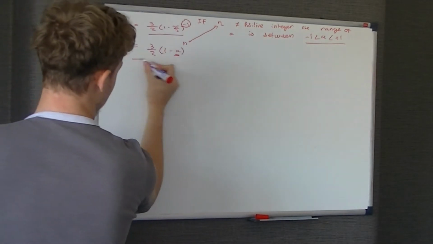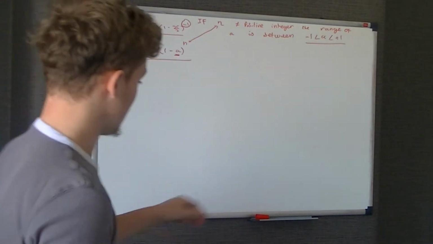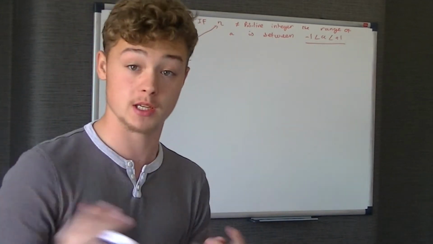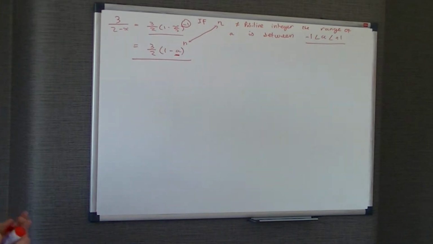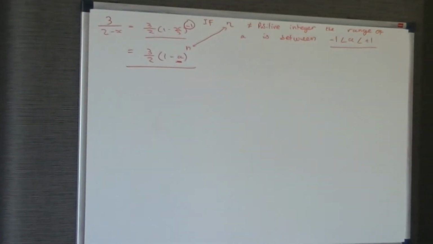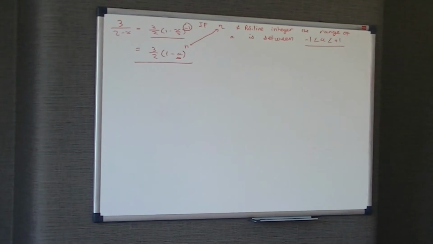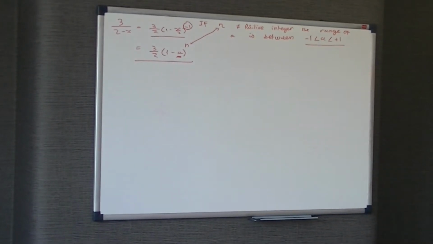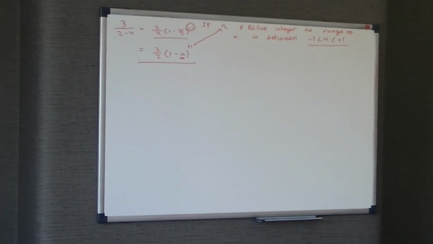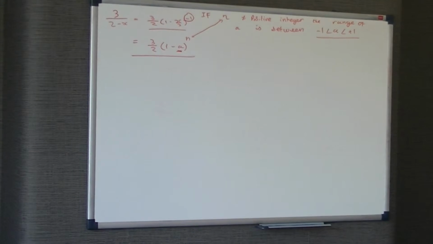Now I'm going to do the range for this one. So if we get a question that says, somehow magically we've just worked this out, and this question comes up on this year's exam, and it says, state the values of x for which that equation is valid. Now, that's a little bit easy. That's maybe a 1 or 2 mark question. It might be a 3 or 4 mark question if it's not given to you in that form, which it most likely won't be.